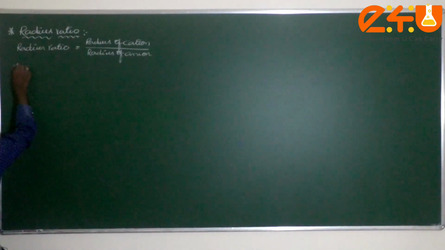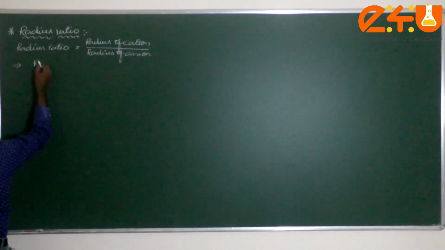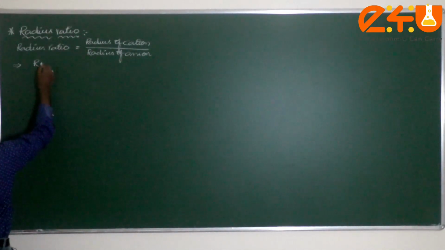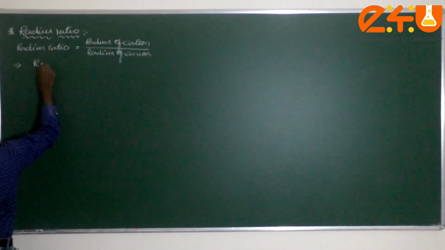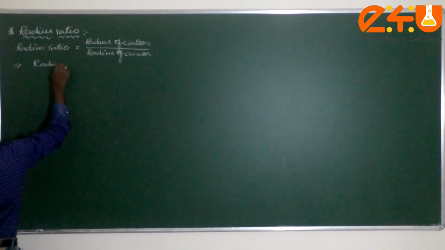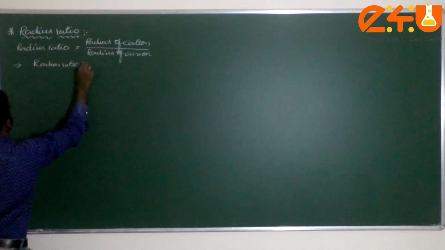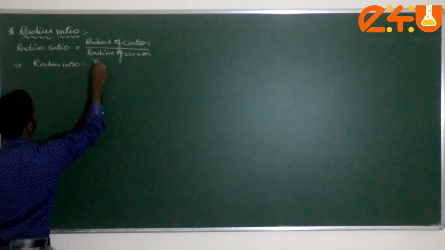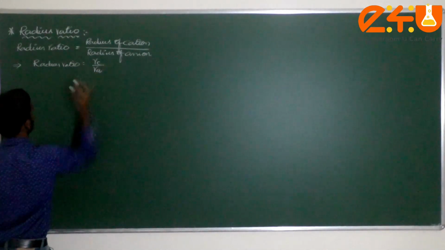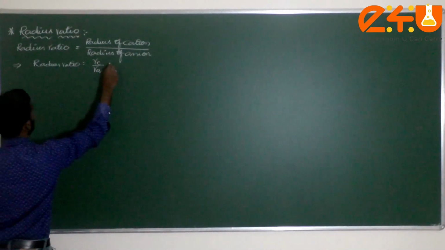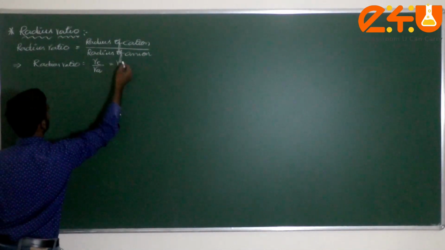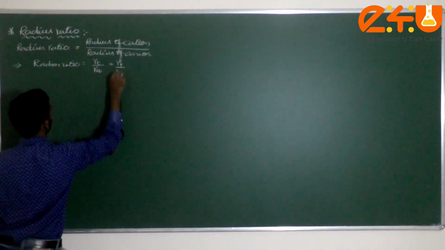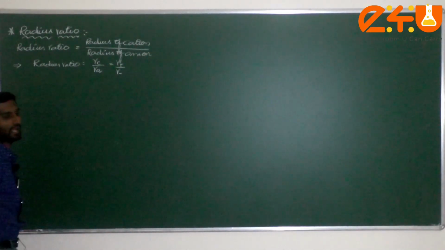Then how could we write this radius ratio generally? Radius ratio is equal to, we can represent it here as RC divided by RA, or R cation, that means plus, divided by the radius of the anion.